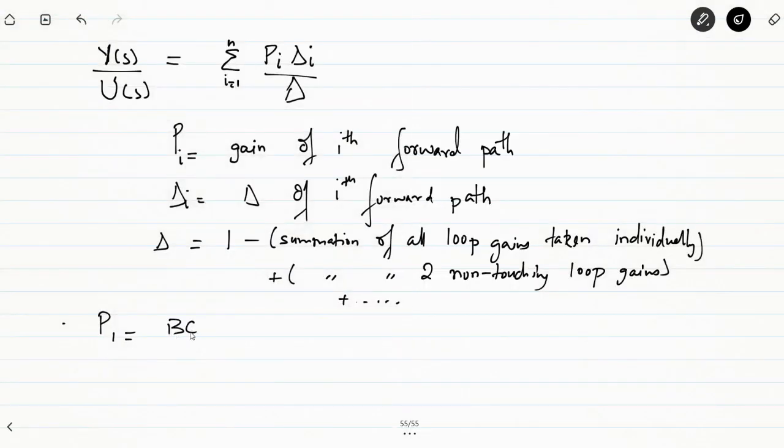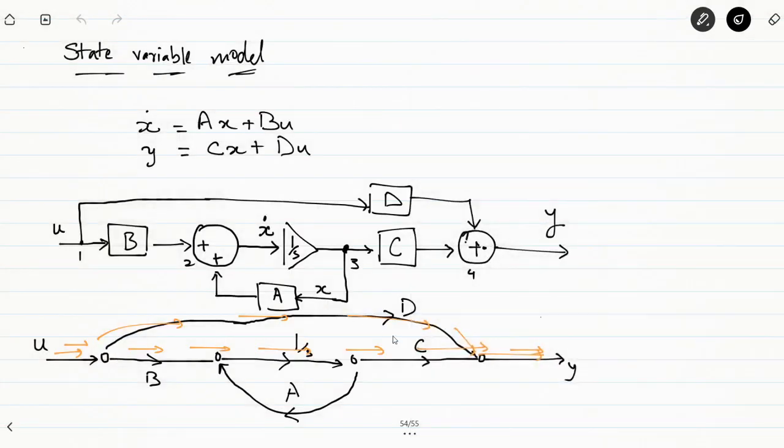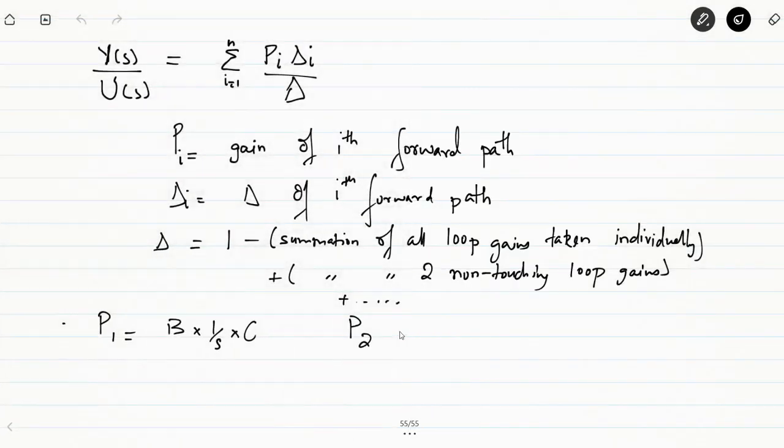That means basically b into 1 by s into c. Remember these a, b and c, they are matrices, so matrix algebra needs to be taken into account. bc is not equal to cb, and p2 is the forward gain of path number 2, that's actually d.